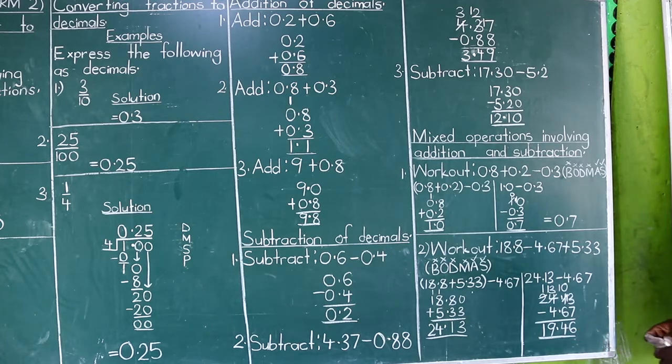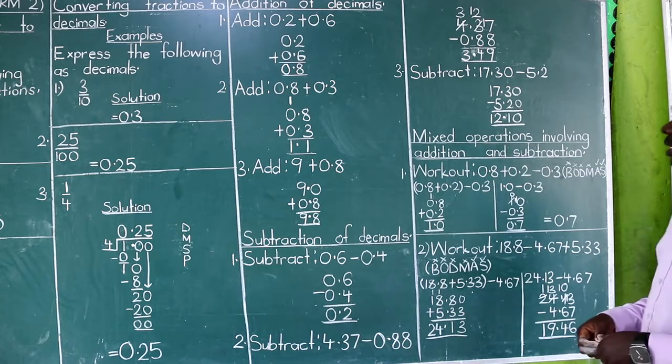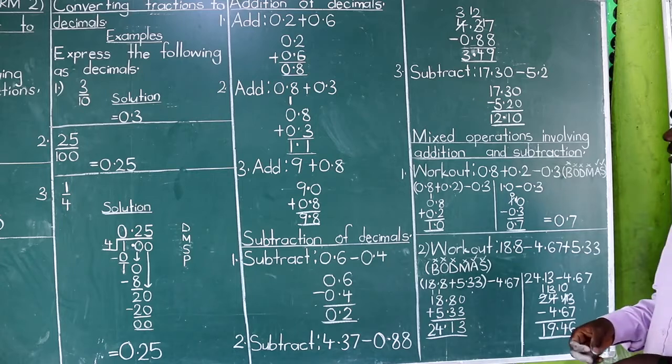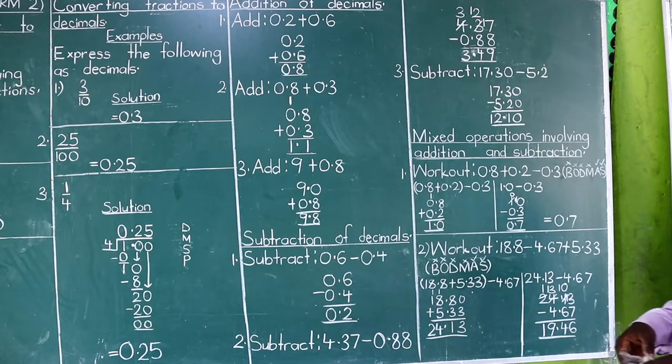As we look at another subtopic, that is mixed operations involving addition and subtraction, meaning we are going to have more than one operation. Majorly, we are looking at addition and subtraction.